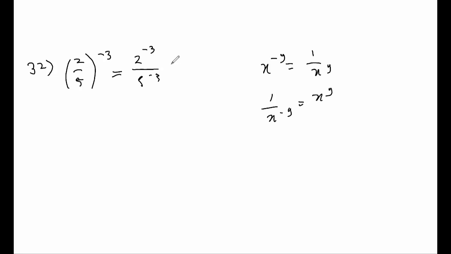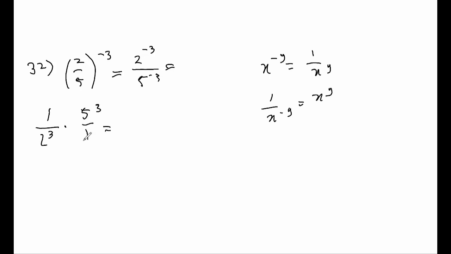So this is the same thing as saying we're going to take the 2 to the negative 3 and move that downstairs. So that's going to be equal to 1 over 2 to the 3, and then the 5 to the negative 3, I'm going to move that upstairs and make that 5 to the 3rd.